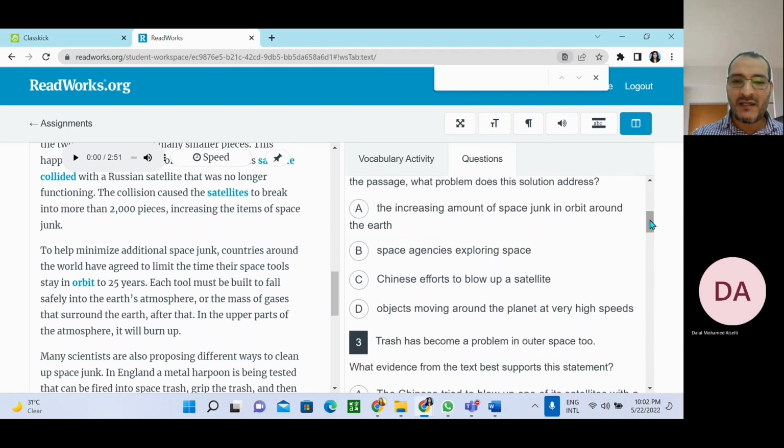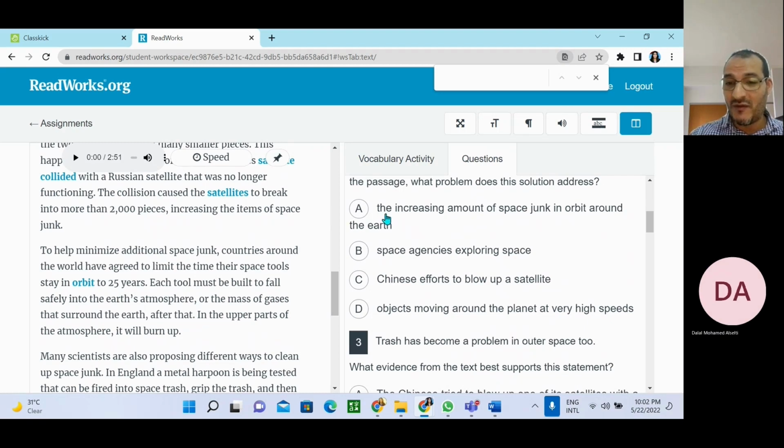They want to limit the time a space tool will stay in space. They say only 25 years. After that, we need to get rid of it. When we get rid of it after 25 years, it would solve a problem. What is this problem? Get rid of the spaceship after some time.